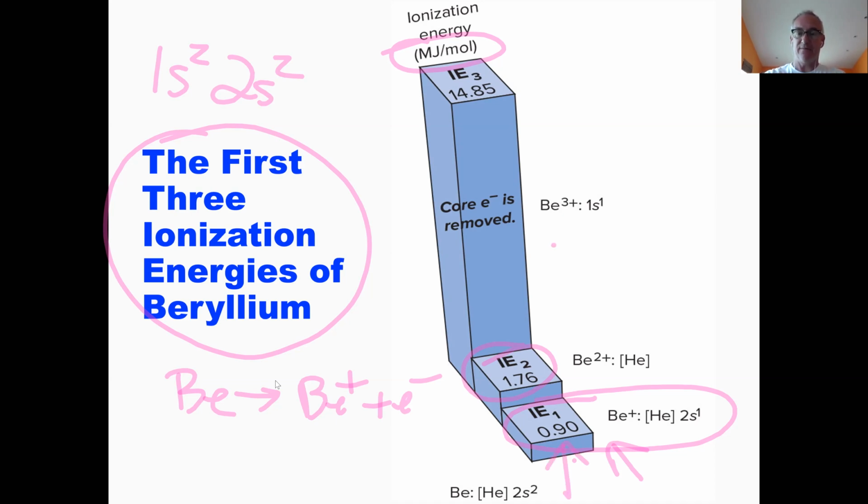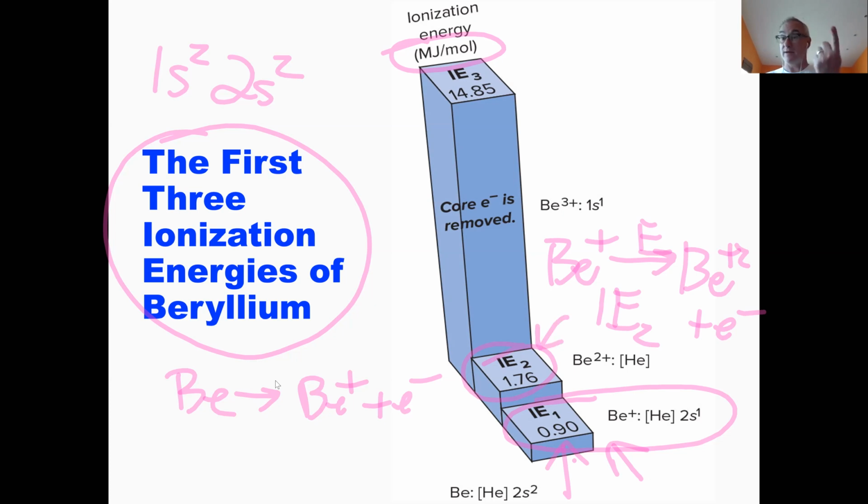Now this second one is Be+, and we're adding energy and stealing another electron to form Be2+. That's IE2. And notice that's not very much either. It's more than the first one, but not that much.